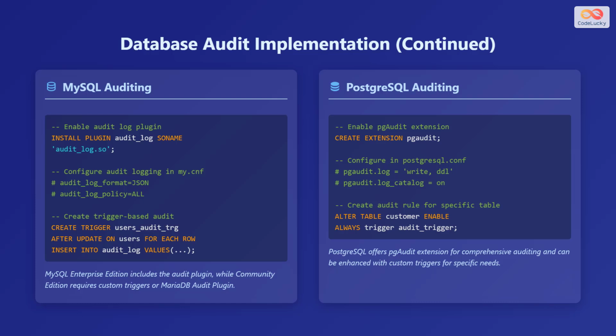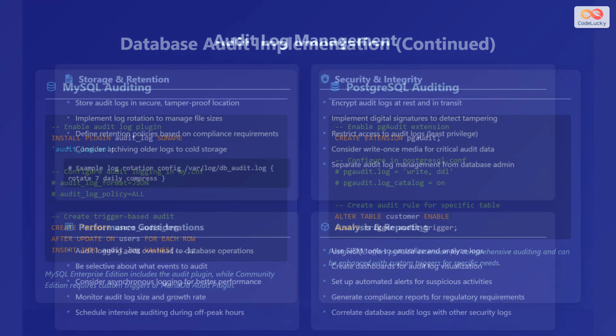Then configure the settings in the postgresql.conf file, such as pgaudit.log equals write, ddl, and pgaudit.log_catalog equals on. To create an audit rule for a specific table, use the command alter table customer enable always trigger audit_trigger. PostgreSQL offers the pgAudit extension for comprehensive auditing and can be enhanced with custom triggers for specific needs.